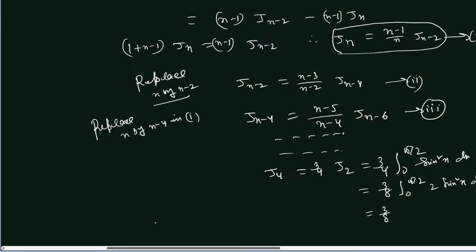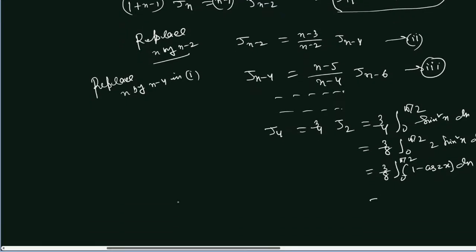Now 2 sine square x is what? 1 minus cos 2x. Oh, sorry. This you have to integrate, no? 0 to pi by 2, 1 minus cos 2x dx. Okay?